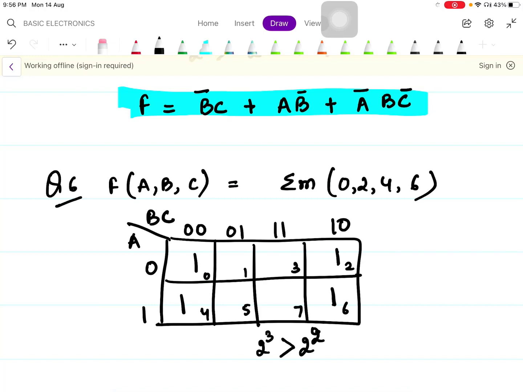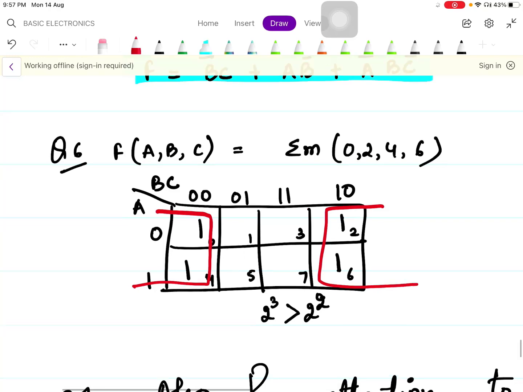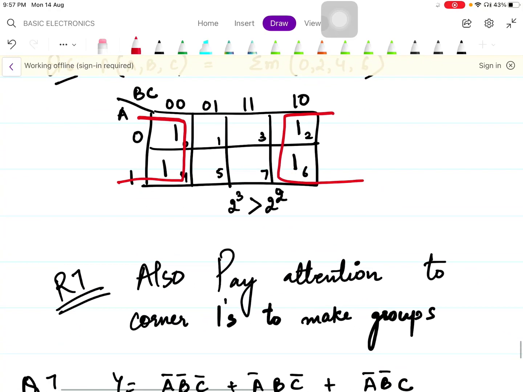If we get the ones in the corresponding cells as well, then we will be able to make a bigger group, which is the correct answer. If there is a 0 and 4, 2 and 6, a group of 4 can be made. So corner ones can also be paired. We have to pay attention to the corner ones. That is rule number 7: also pay attention to the corner ones to make the groups.